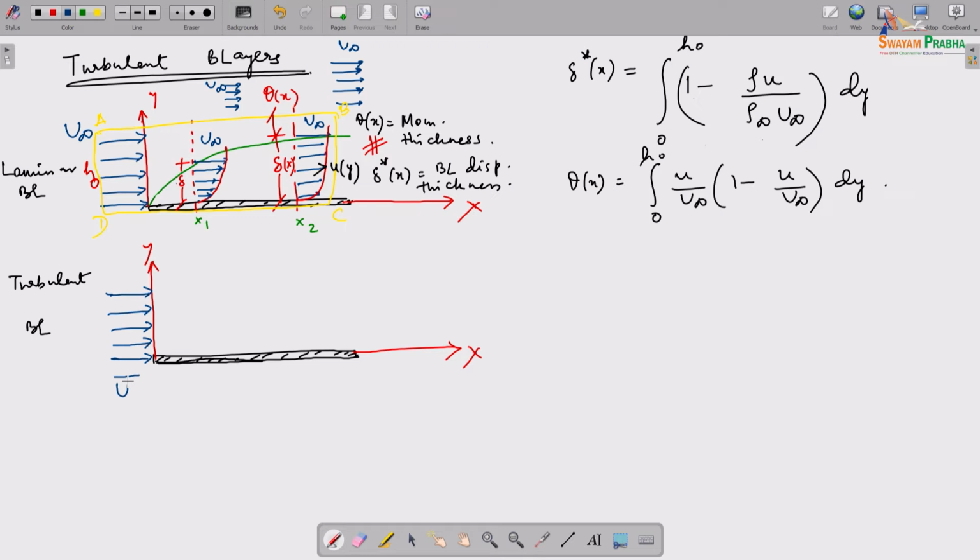So this is the mean flow, which is superimposed with a fluctuating part, right.